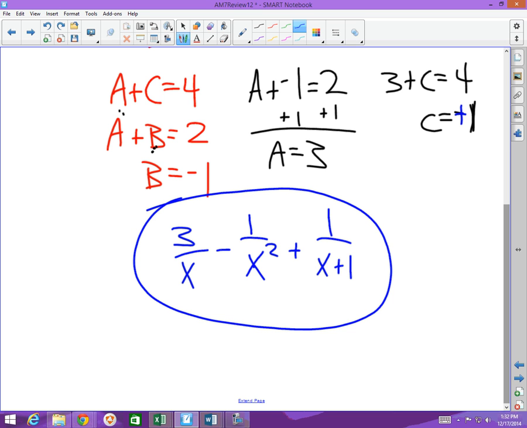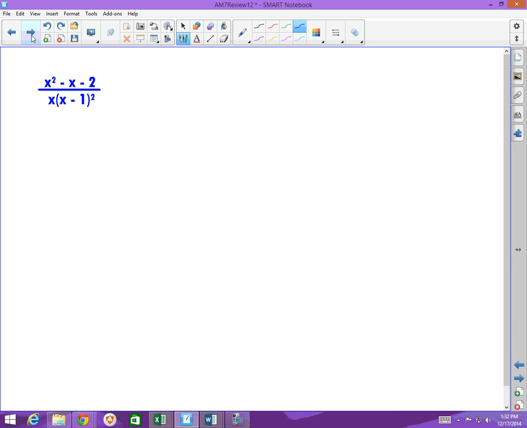Okay, last question, same type of thing. Again, it's already done. Then in yours it would be x cubed minus x squared minus 2x squared plus x.